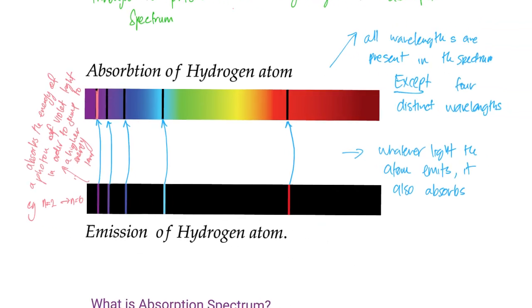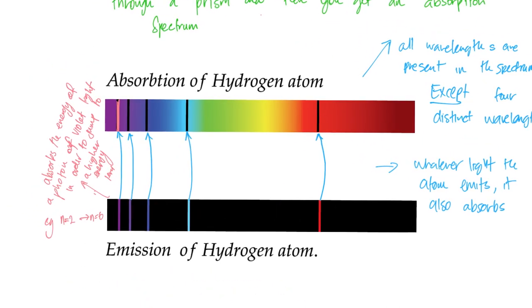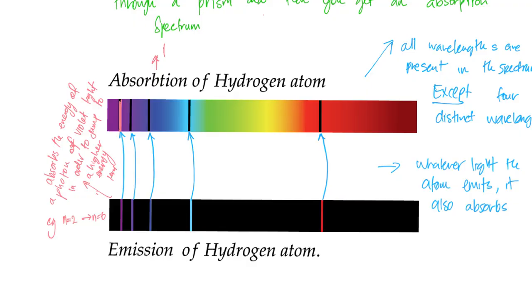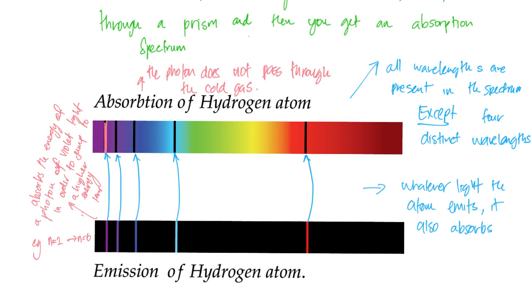So if we have absorption, it means that the photon does not pass through the cold gas. And notice that the energy of the incoming photon must be exactly equal to the energy difference between those two levels. Maybe I should write that down over here.